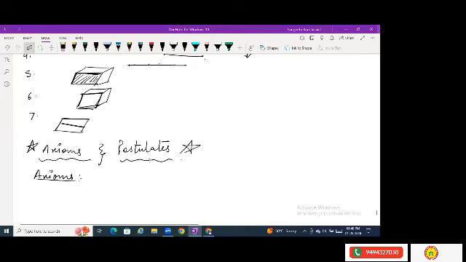Axioms and postulates are actually assumptions. This is not a fact. These are assumptions which are universally agreed upon, people have agreed upon it. So you will write here for axioms: assumptions throughout mathematics that are obvious and do not need to be proved.